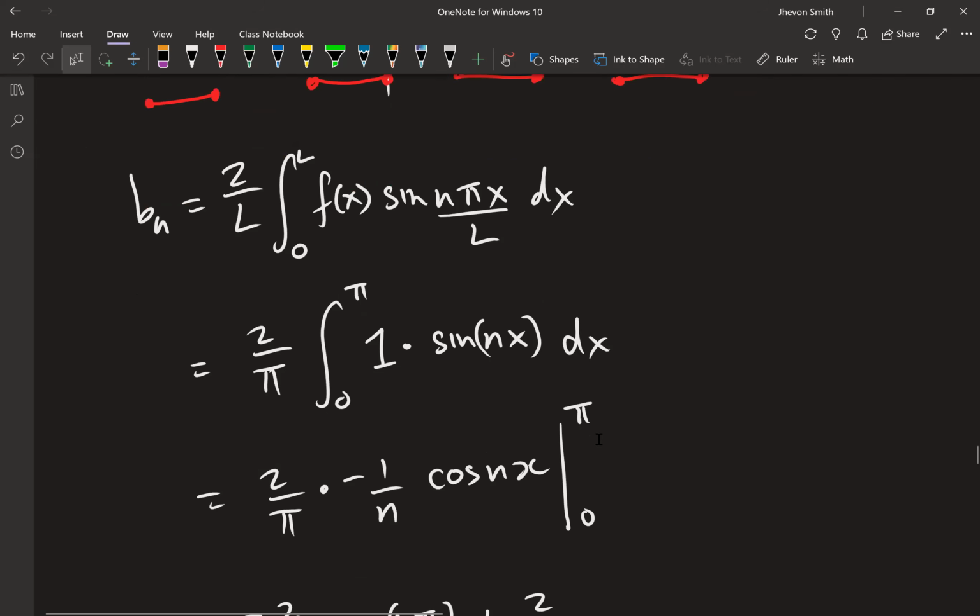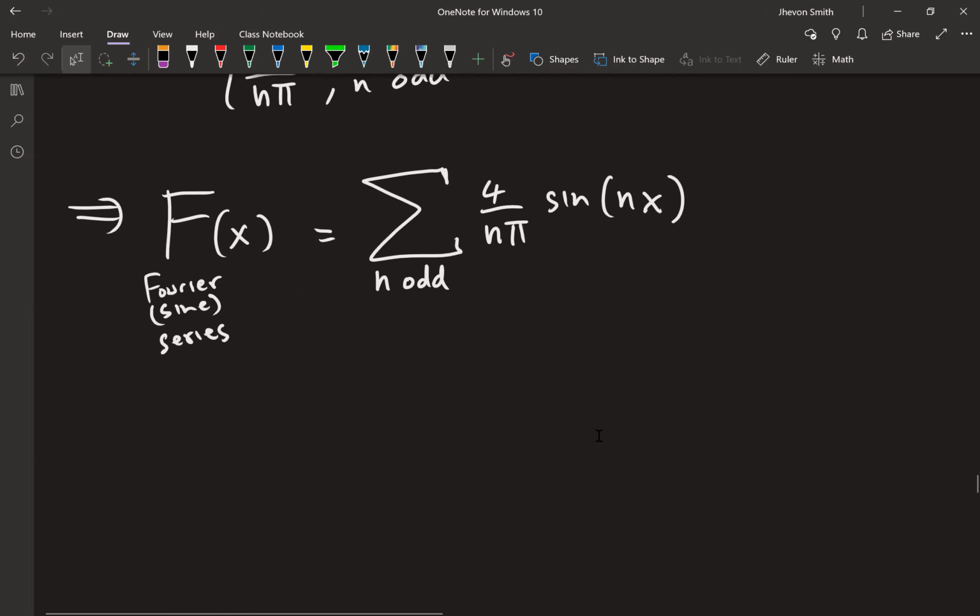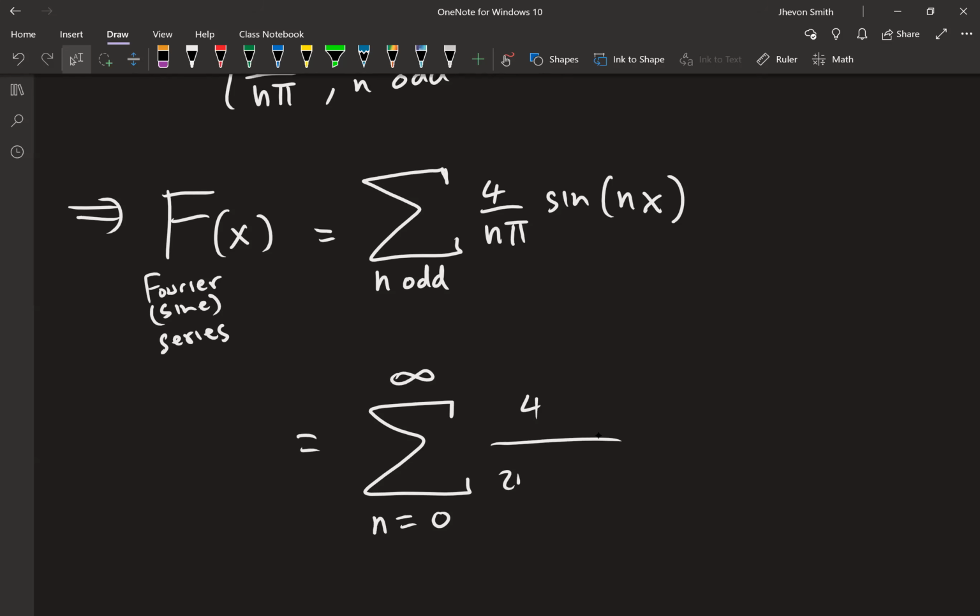Yes, because L is pi. Or another way you can write this, if you want to account for everybody, just do something like the sum from n equals 0 to infinity of 4 over (2n plus 1) pi sine of (2n plus 1) x. So that would be the answer.